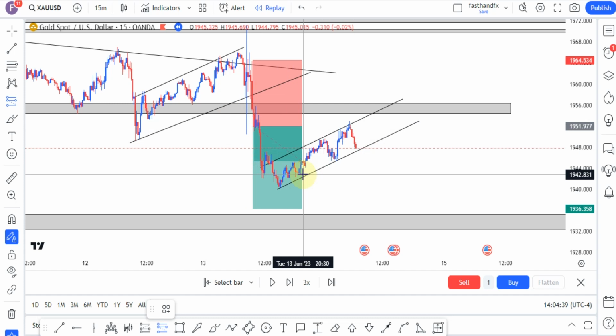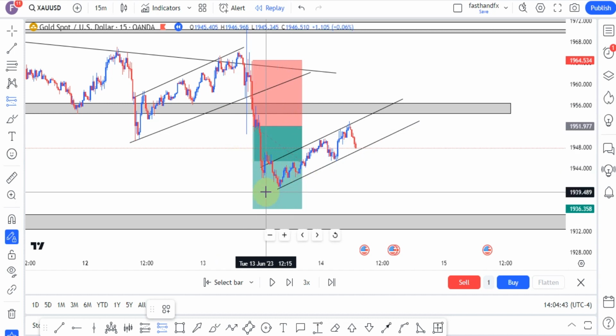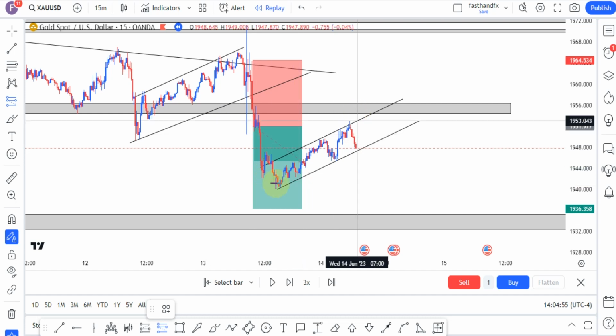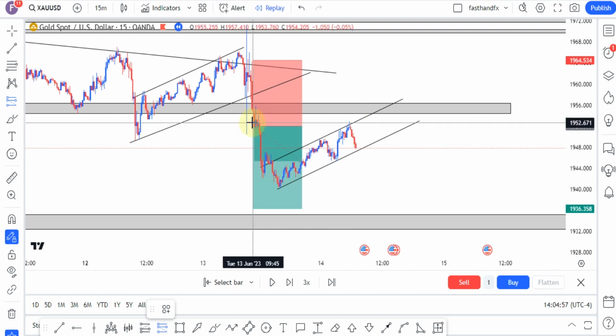That's very painful for traders. And actually it can take you into a drawdown, because as you can see, we had already taken our entry at this point. The market did come, did take us into a correction.